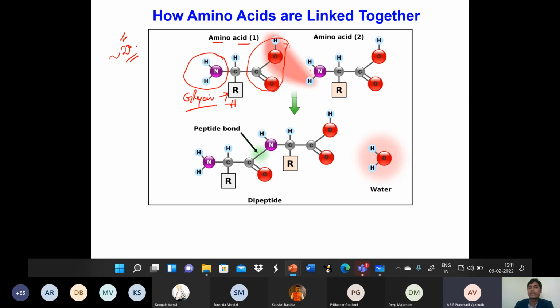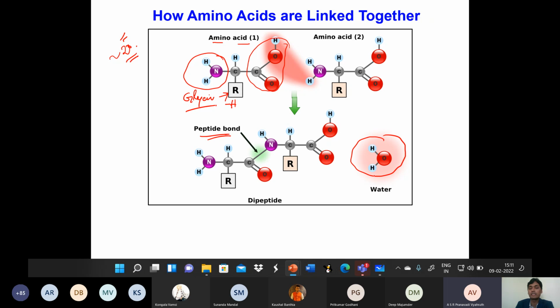Now, two amino acids join together through a peptide bond, and one water molecule is released from this system. This is called a condensation reaction.